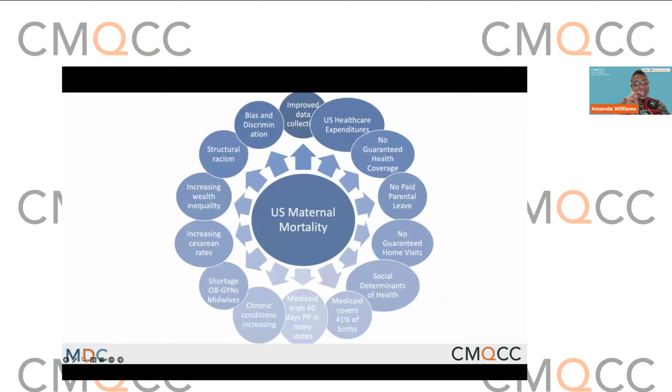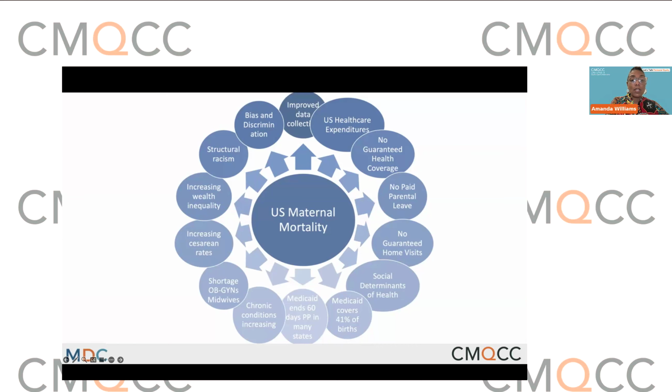And again, thank you to Christine Morton and to our colleagues who are part of our pregnancy mortality review committee. There are so many pieces of what's contributing to US maternal mortality, and these arrows are two-way arrows because they all contribute.